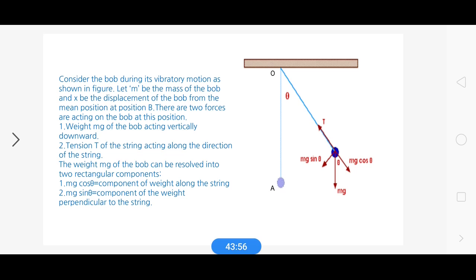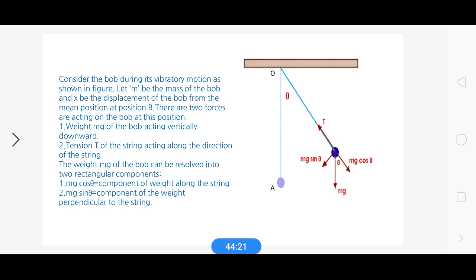So A is the mean position and B is the extreme position. At the mean position the tension in the string is balanced by the weight of the bob, mg balanced by T, so both cancel each other. Whereas in the extreme position the tension in the string is balanced by mg cos theta, since there is no motion along the string.